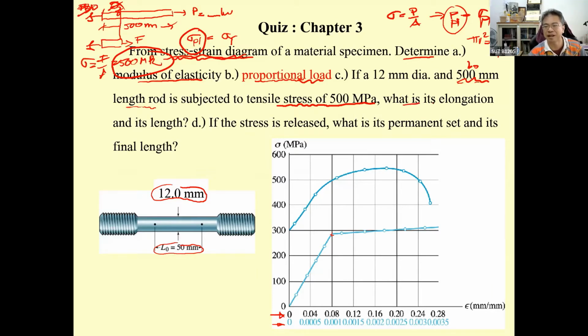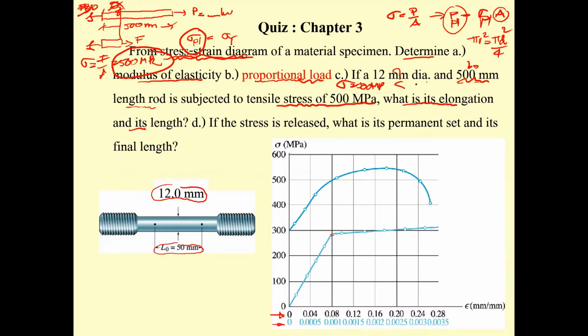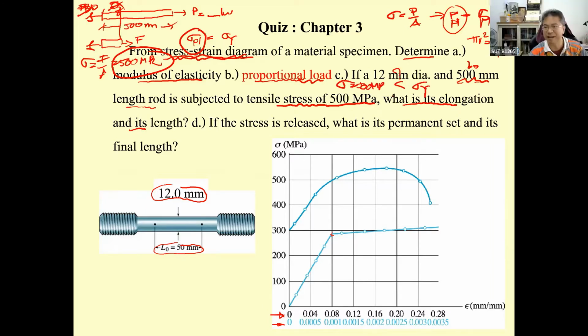What is the elongation? So that means what, the stress. You got to compare this 500 megapascal with sigma sub y. If it's less than sigma sub y, that is going to be elastic. If it's larger than sigma sub y, that is going to be plastic.